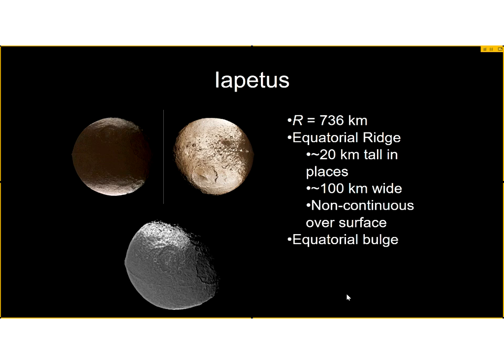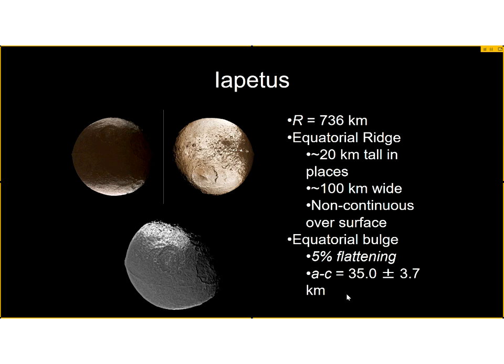It's not continuous over the surface. It also has this equatorial bulge, which is about 5% flattening, and where A minus C is about 35 kilometers. And when I say that, I mean the equatorial radius is 35 kilometers larger than the polar radius, which is a lot. It's about 0.1% on the Earth.